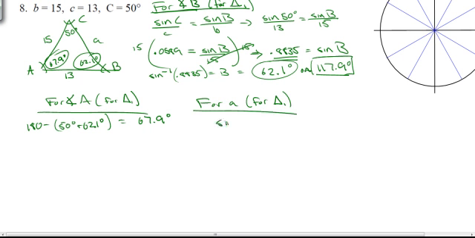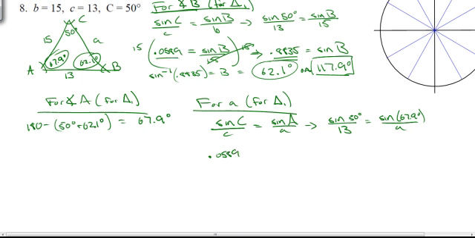So again, I'm going to use sine of angle C over side C since I've calculated it once already, and then equate that to sine of angle A over side A. When I plug in the numbers, that gives me sine of 50 degrees over 13 equals sine of 67.9 degrees over side A. And plugging this in, I already know that this simplifies down to 0.0589 because I've already done it up here.